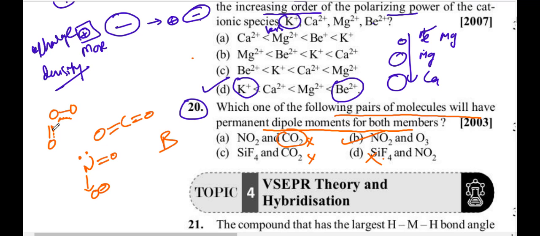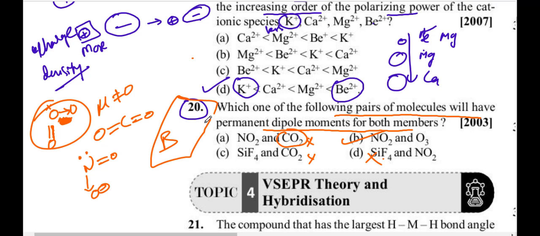Right, otherwise you can write two bonds, this arrow mark, plus charge, you can keep it. Right, angular shape is there, that's why obviously polarity is there. Mu is not equal to 0. So right, question 20, B is the answer.